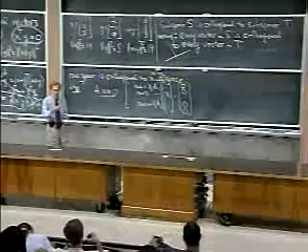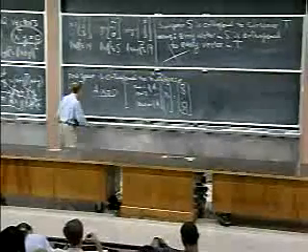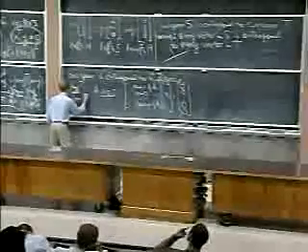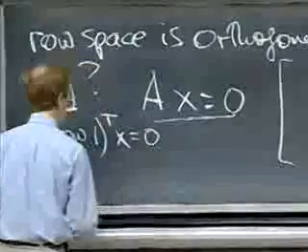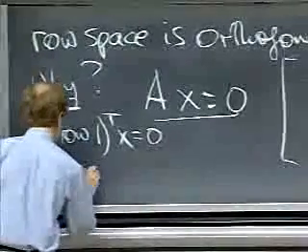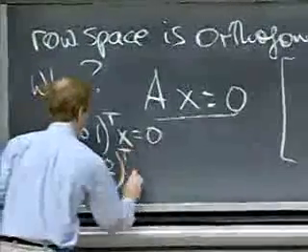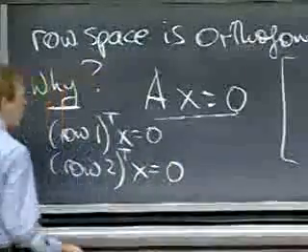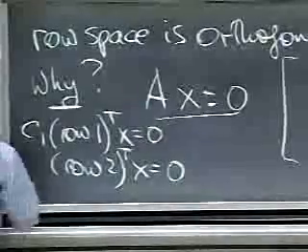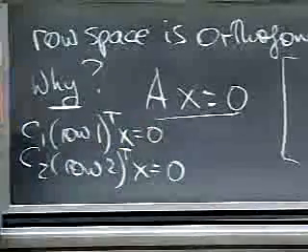And that's just matrix multiplication again. You know, I have row 1 transpose x is 0. So on, row 2 transpose x is 0. So I'm entitled to multiply that by some C1, this by some C2, I still have zeros.